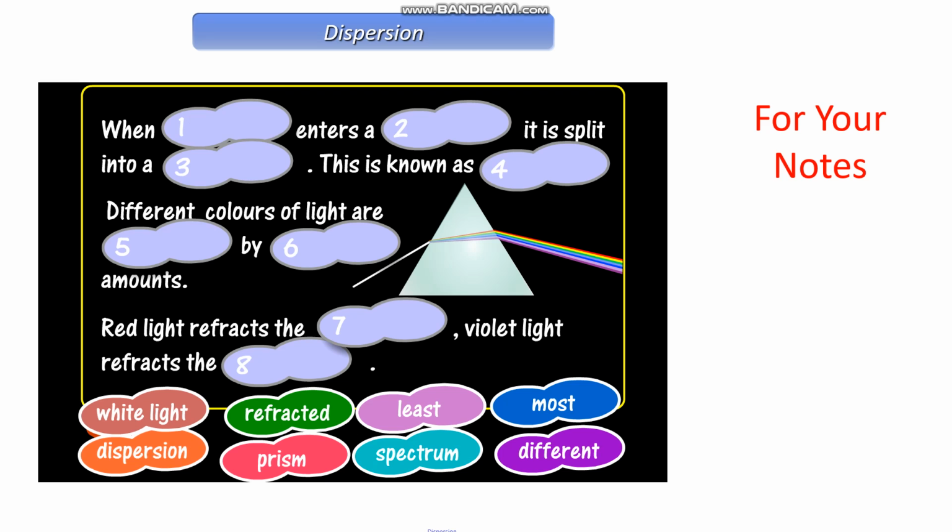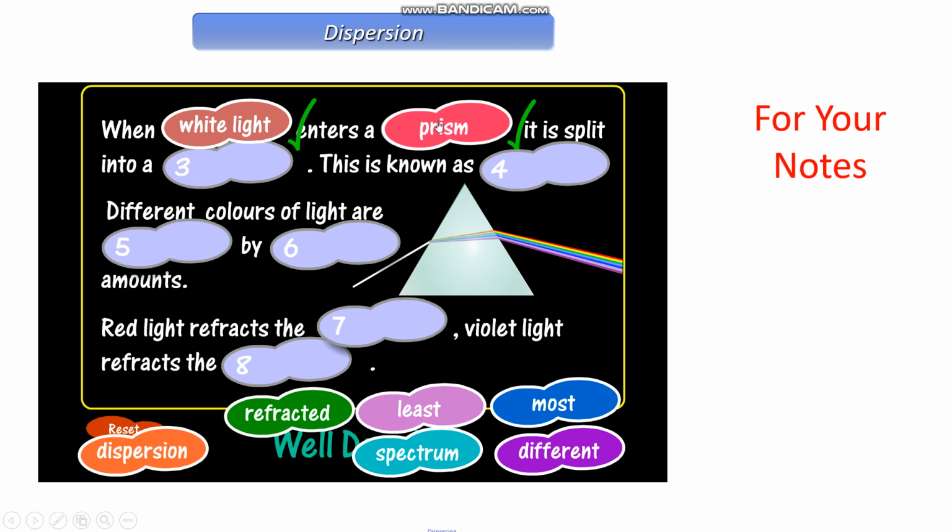Okay, so what have we got? We've got that when a white light enters a prism, it is split into a spectrum. Those are the different colours.